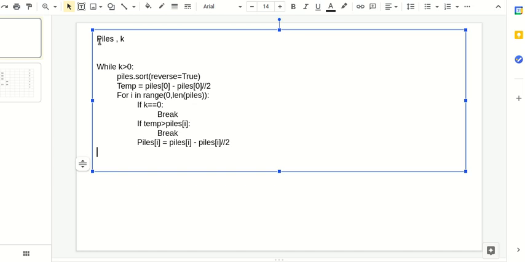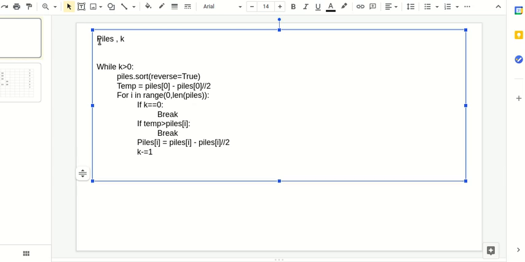Then we decrement k by 1. We keep on iterating until k becomes 0. Once k becomes 0, we come out and return the sum of piles. This will sum up the whole array and return the solution.